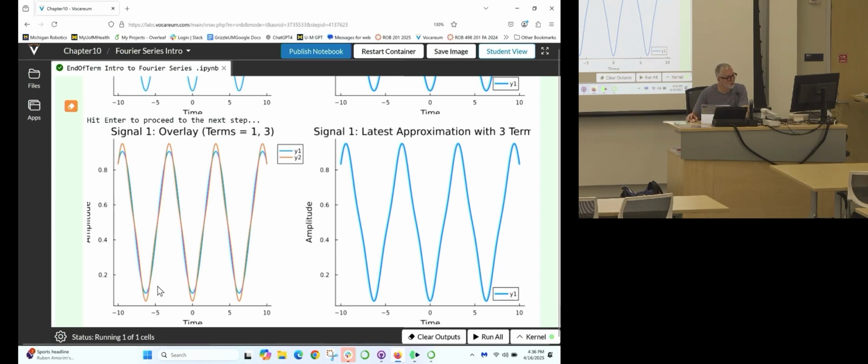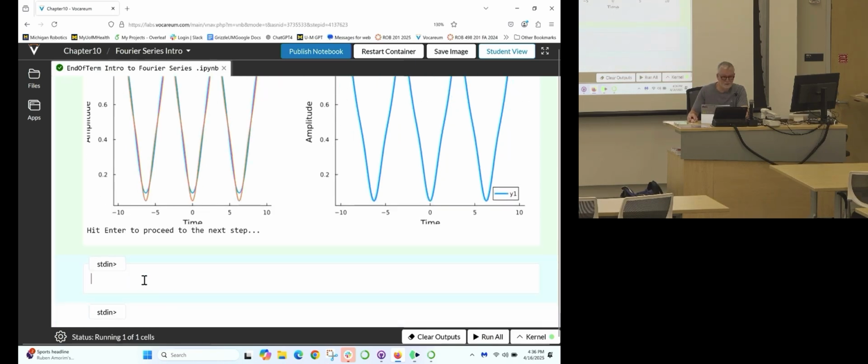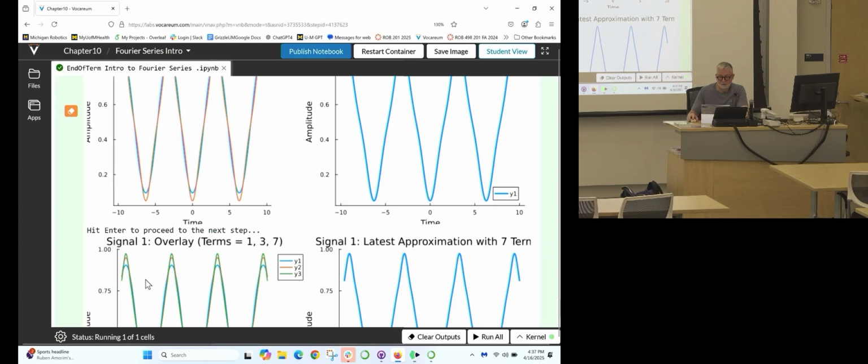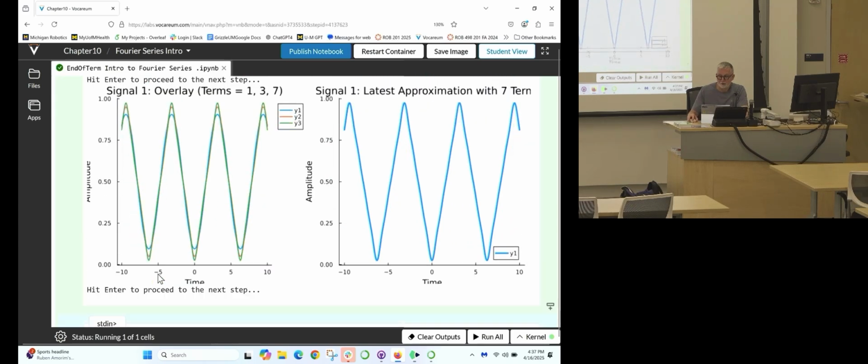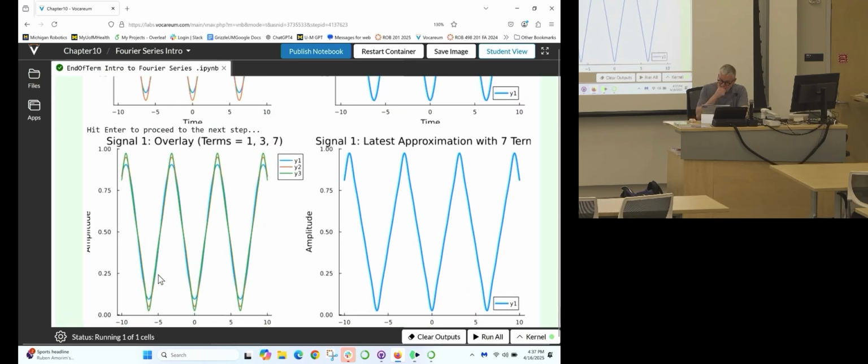Anybody online want to guess first, and then we'll let the room guess? There's 2 terms. There's 3 terms. So what we've done is taken the signal, and this is adding up the first 3 harmonics. So whatever the period is, it's got sine of that, it's got sine of that period over 2 and that period over 3 added up.